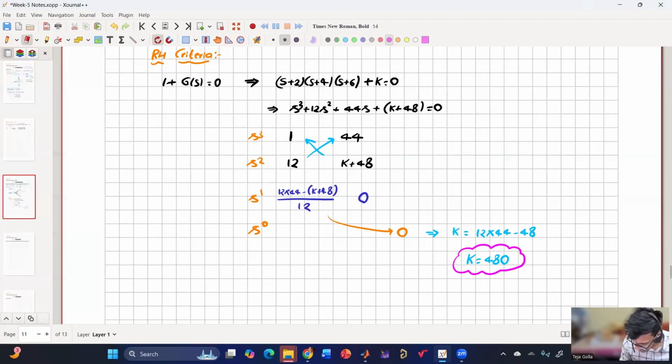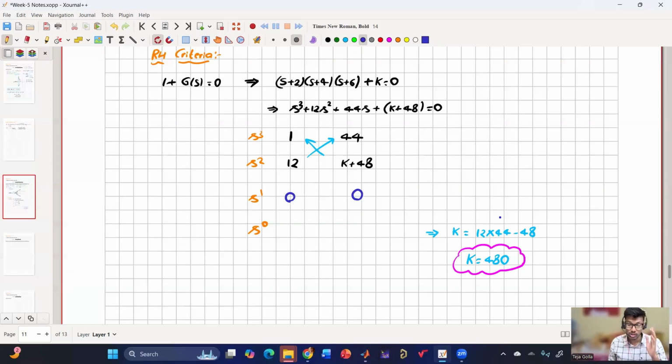So now if I replace this, I am getting this as 0 and this also is 0. So the entire row is becoming 0, which means the polynomial above that is called the auxiliary polynomial, right? So this is my auxiliary polynomial, which is 12s square plus k plus 48, which is how much? 528, right? 528 equals 0.